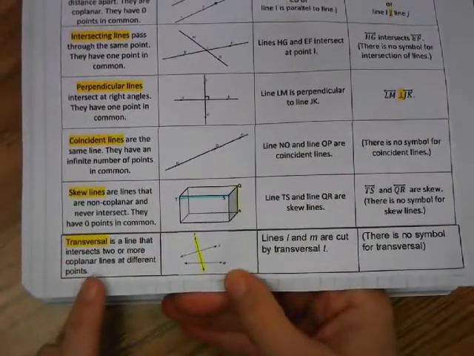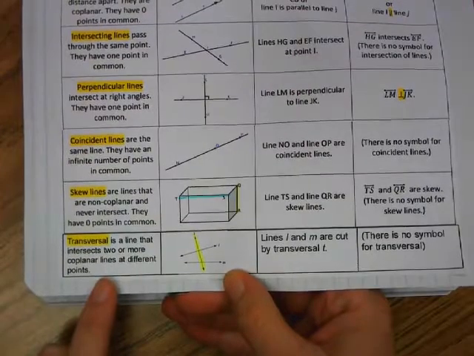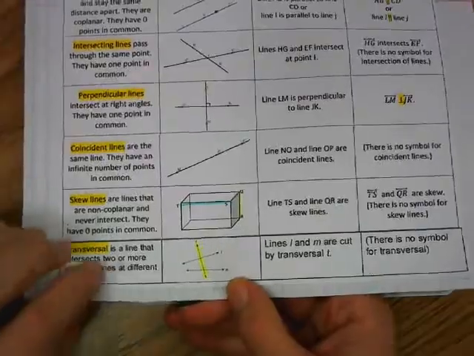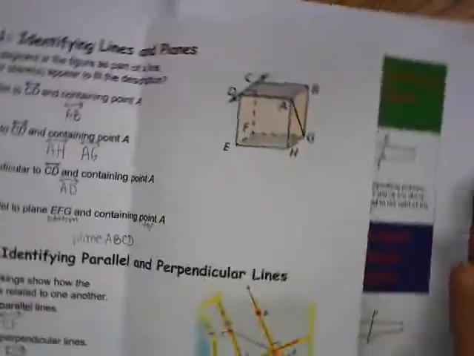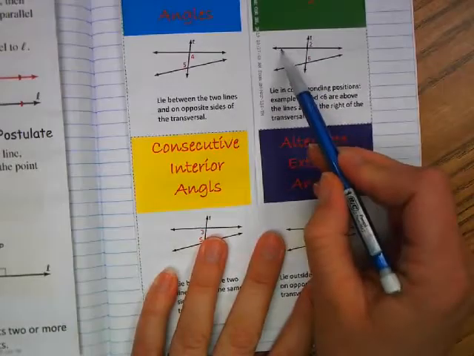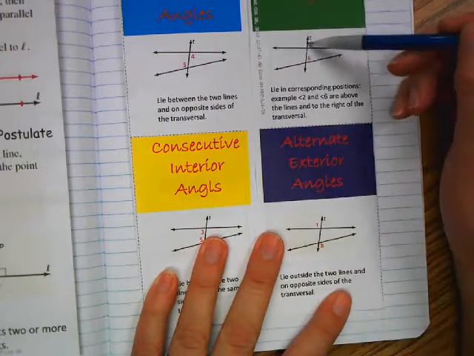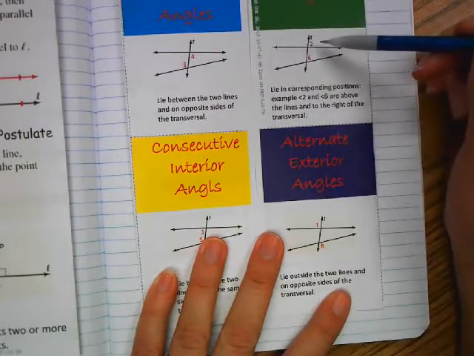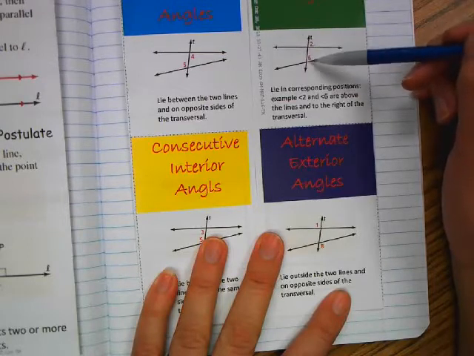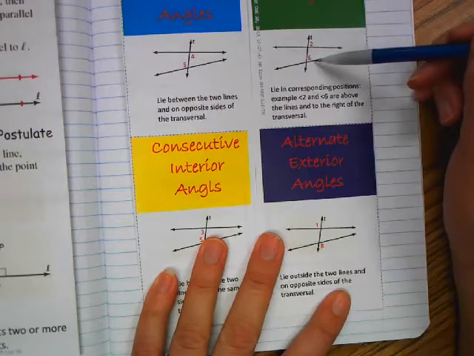So a transversal is a line that intersects 2 or more coplanar lines at different points. So if you have 2 coplanar lines with a transversal intersecting them, you could have corresponding angles that are formed. And corresponding angles lie in corresponding positions.